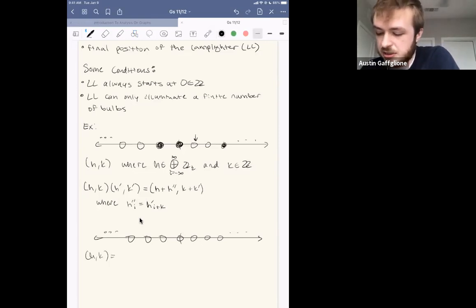I'm representing h as this bi-infinite ordered pair, so it's a little tricky to write down, but let's say 0, 1, 0, 1. I have to denote which index is the 0th index. In this case, let's denote it as this entry right here, the 0th index. And let's say k is 1.